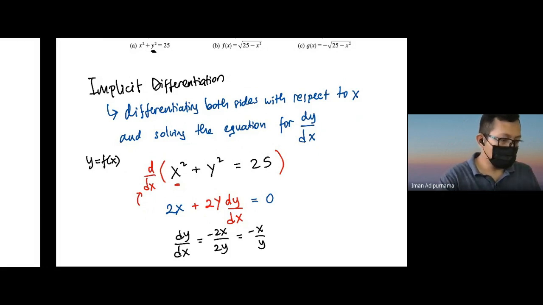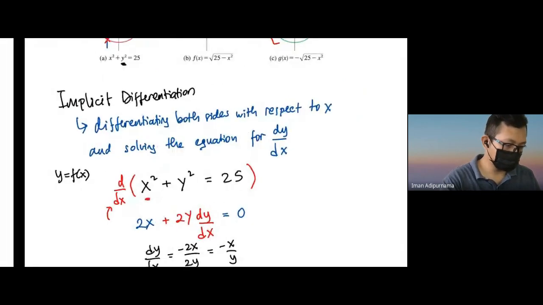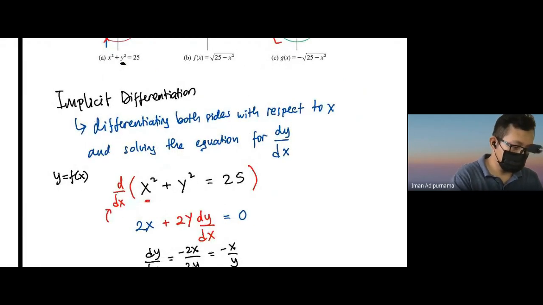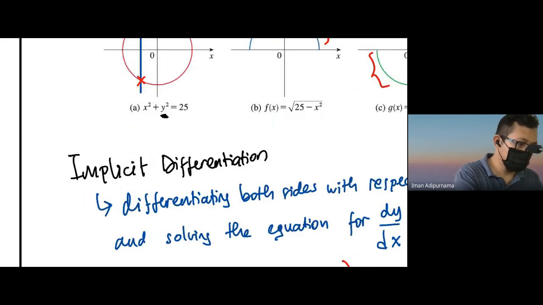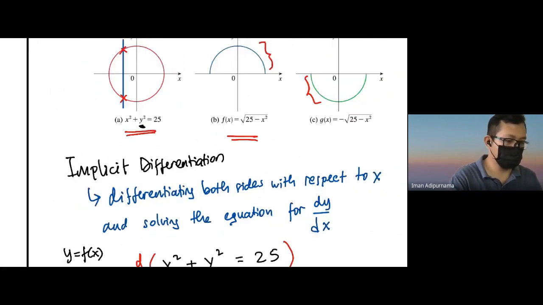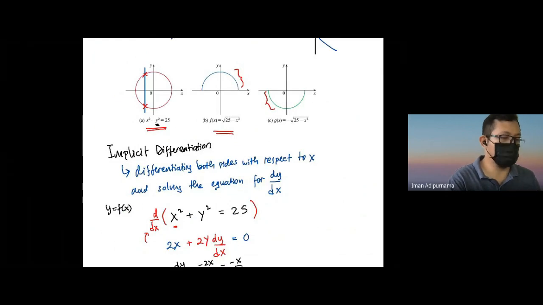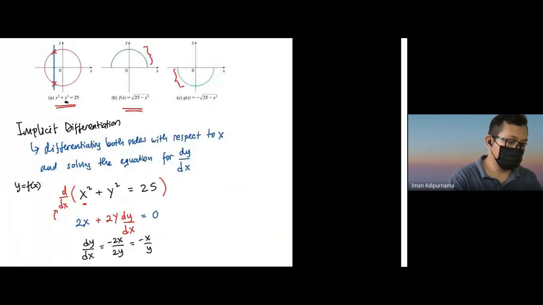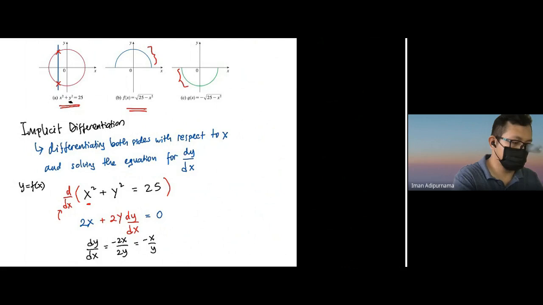The other thing is, we know that this is implicit differentiation, directly differentiating this. But how about just the regular derivative?